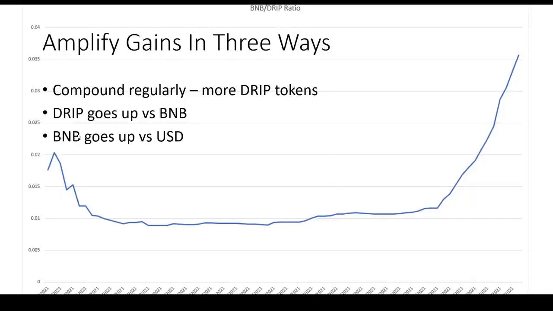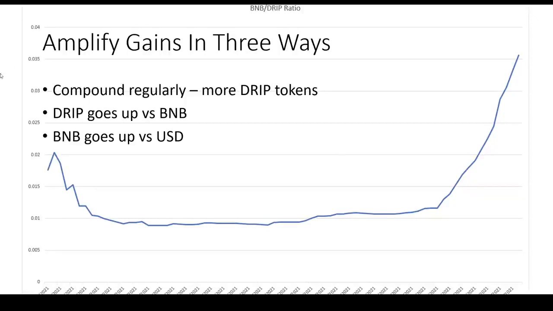And last but not least, theoretically, ideally, the BNB token will go up against the US dollar. That hasn't been happening a lot lately, but I believe, not financial advice, but I believe that will start happening again, and BNB will go way up against the US dollar.